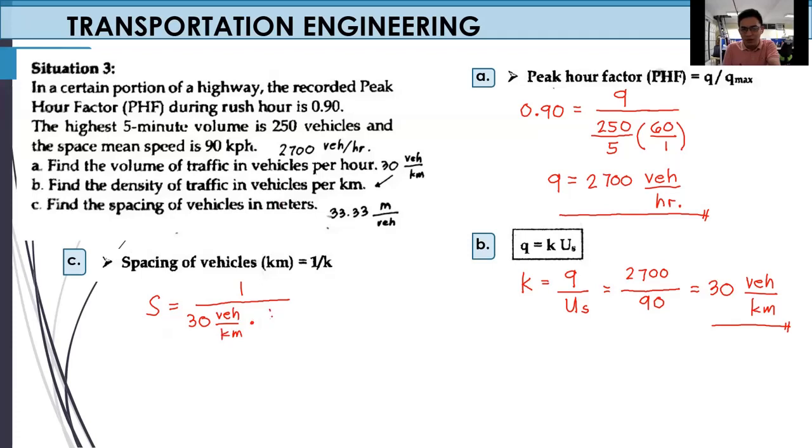In every 1 kilometer, we have 1,000 meters. So with that one, S is equivalent to 33.33 meters per vehicle.